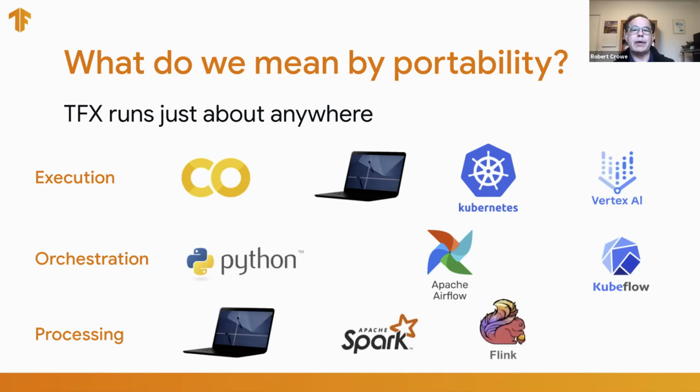Or I could use a Flink cluster, or as a managed service, I could use Cloud Dataflow, or you could extend this to similar cloud services on Azure or AWS. So that's what we mean by portability, at three different levels, really. It's portable across environments.